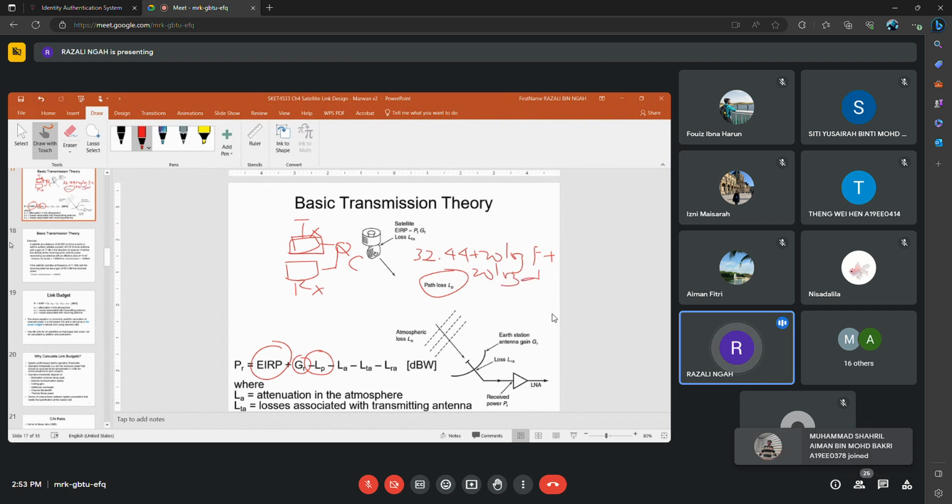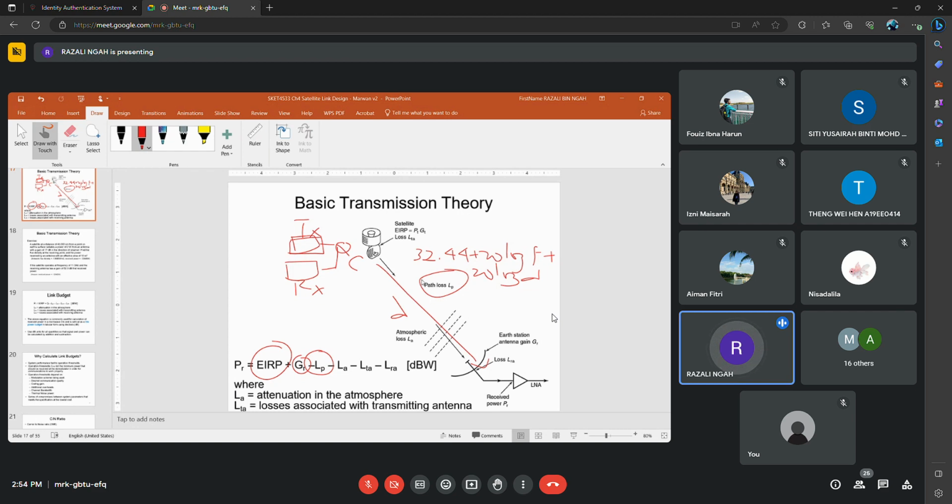For the path loss, normally either you are given the value of the path loss, or you are given the distance and the frequency, and then you need to calculate the path loss. This path loss contributes the highest loss.